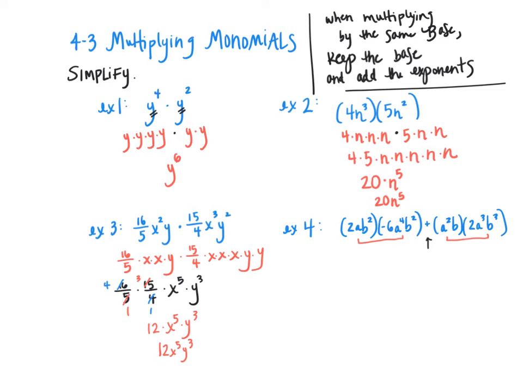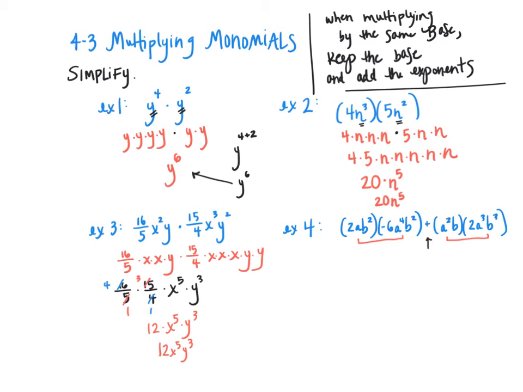So notice in example 1, the base is y. So you're really keeping the base of y and you're adding the exponents. 4 plus 2 gives you y to the 6th. So notice that's what we got already. Now, in example 2, when you're multiplying by the n, that n is the same base. The 4 and 5 are just coefficients.